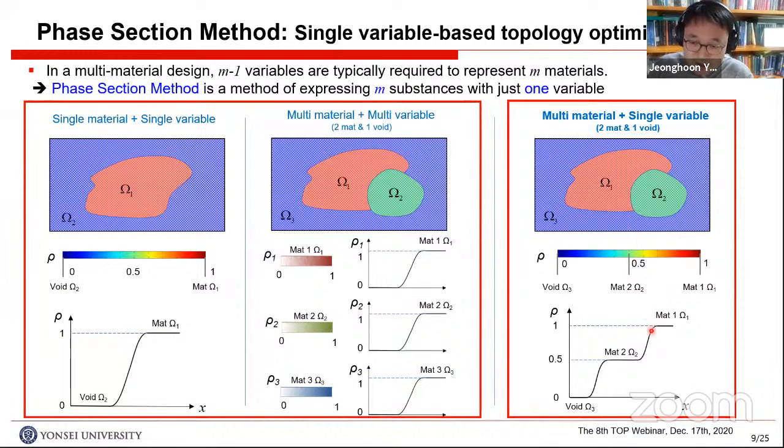In this case, with only a single variable, by separating or classifying the density values for each material phase, we can use only one variable. But we have to use a little bit complex mathematical formulation to realize this graph, and there is also some numerical instability during the design process, in the sensitivity analysis process.